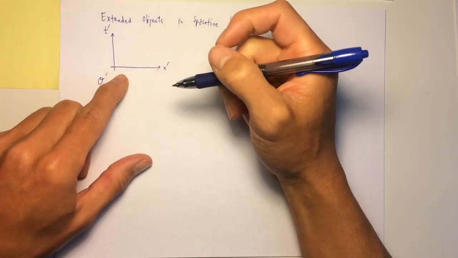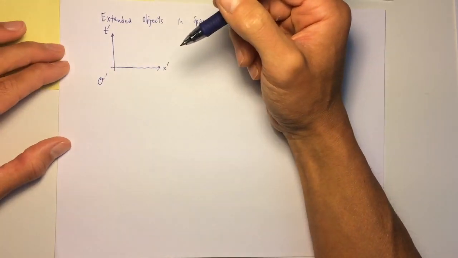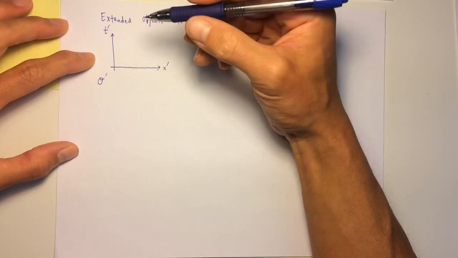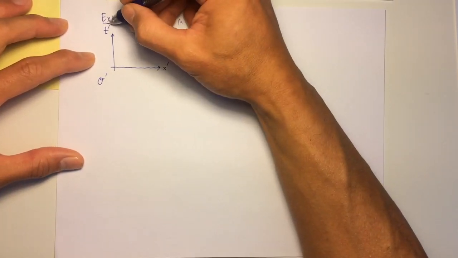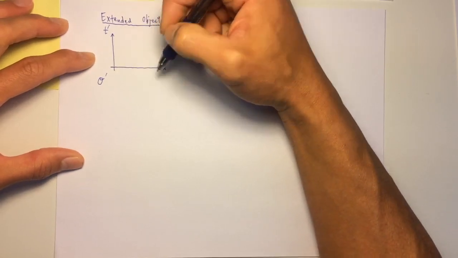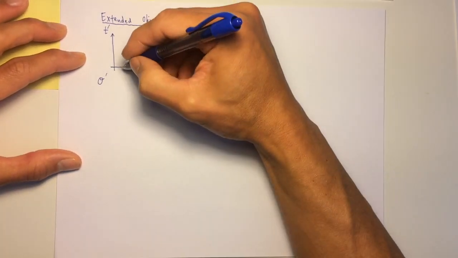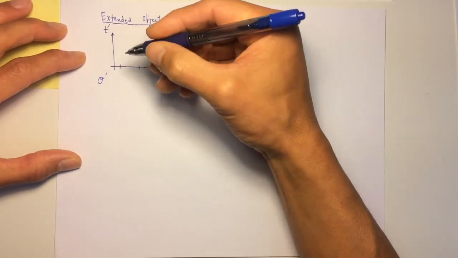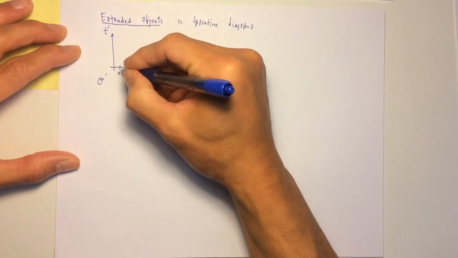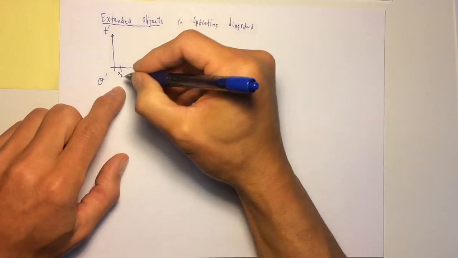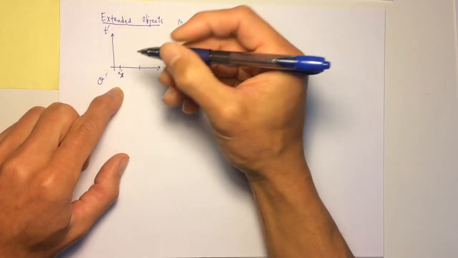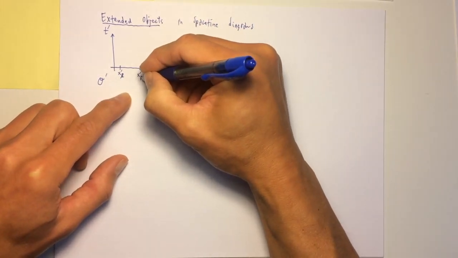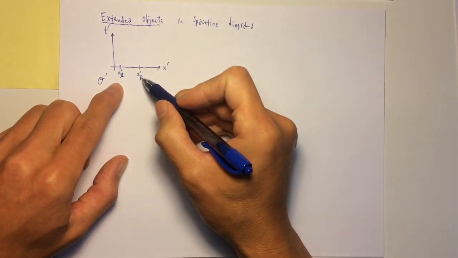And I'm going to say that there is an object in O prime that stands still. But this object is extended. It's extended in the x prime direction. So I'm going to say that this is the object's left-hand coordinate, and actually I'll put lowercase l, and this is the object's right side end.